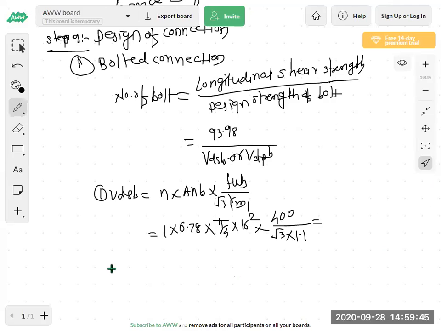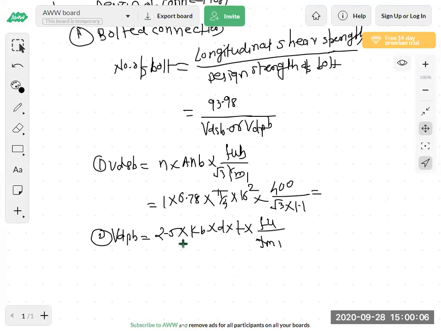Now we have to calculate the bearing strength. So VDPB is equal to 2.5 into KB into D into T into FU divided by gamma m1. Now here maybe the kb value will be changed.